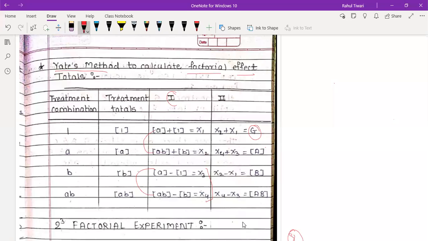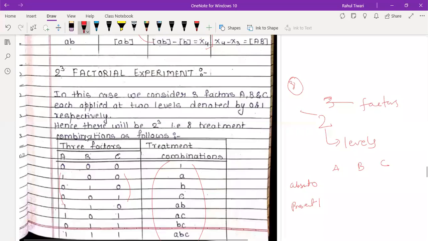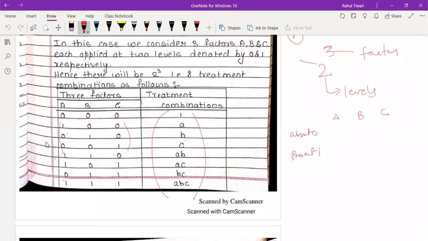So as I said, 0 0, then 1 0, then 0 1, then 1 1. This is the proper sequence. Remember. So this is your 1, this is your A, this is your B, this is the sequence for the 8th table. If you are writing this way, that means you are right, otherwise you are wrong. Similarly, you can always use this one. Okay. So I hope everyone can get the treatment combination.